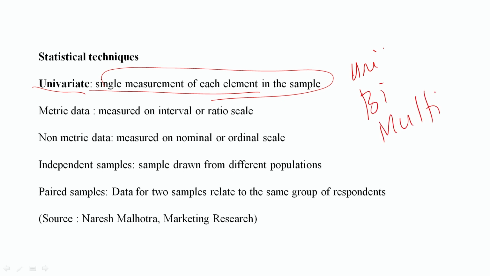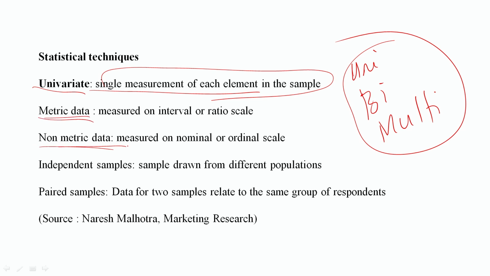These are the 3 different ways we can do statistical analysis. And we have data which is collected in the form of metric data and non-metric data. Non-metric data, I told you, is nominal or ordinal scale. Metric data is measured on interval or ratio scale.